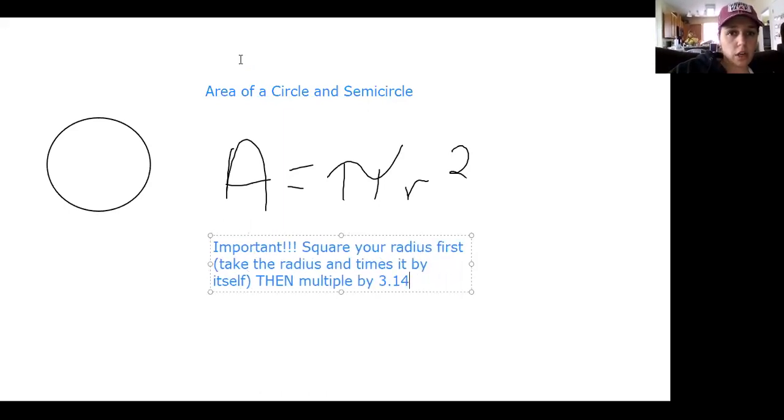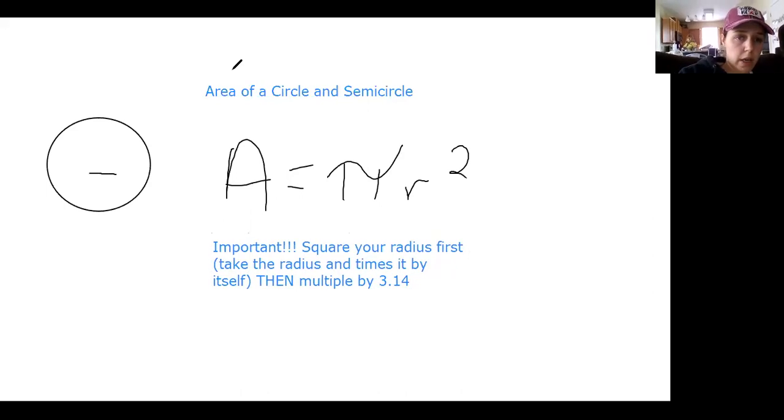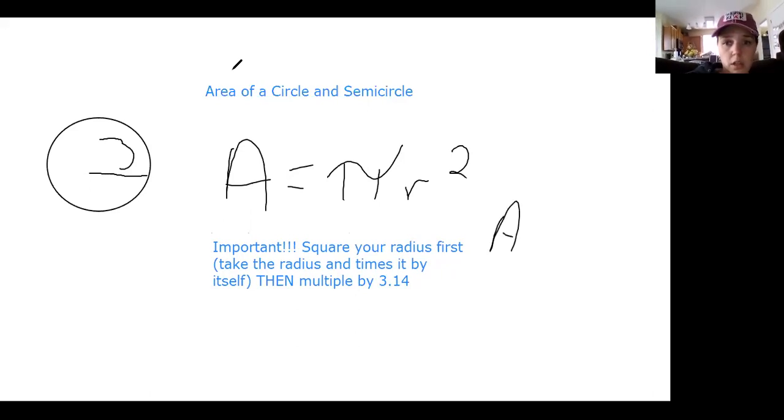So on this drawing, let's say we have a radius of 3. So we're going to take pi, we'll change pi to 3.14, times 3 squared. We're going to square 3 first.